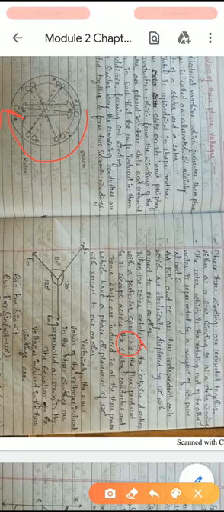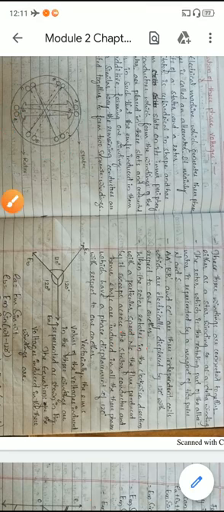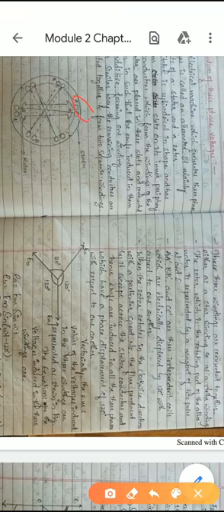The flux produced sweeps the stator conductors, and hence the EMF induced in all three phases will have a 120 degree phase shift. You can observe here, this is one conductor A dash and this is another. The angle between them is 120 degrees.